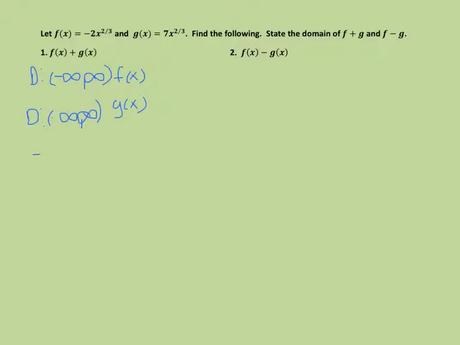So now let's see. Negative 2x to the 2/3 plus 7x to the 2/3. See how they're the exact same variable to the exact same exponent? So that means we can just add them. What's negative 2 plus 7? 5x to the 2/3.